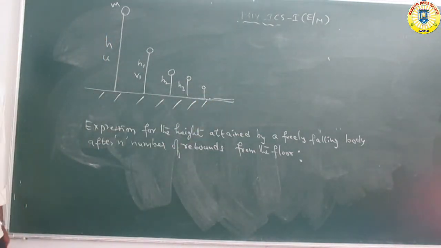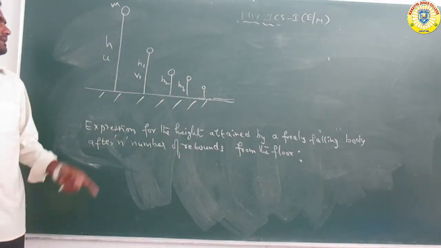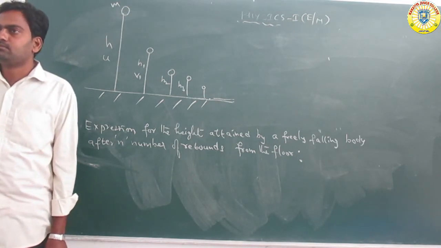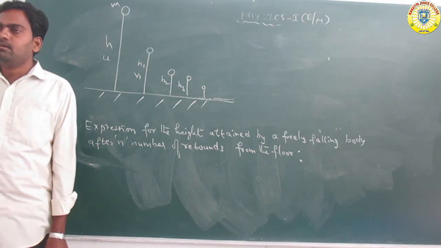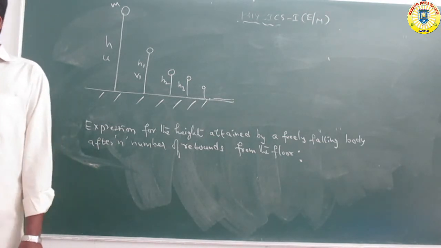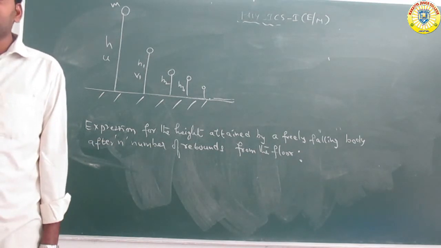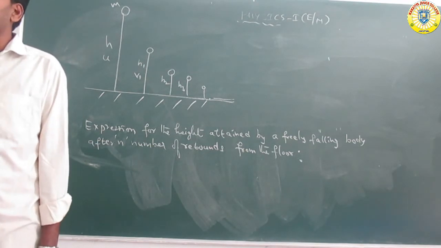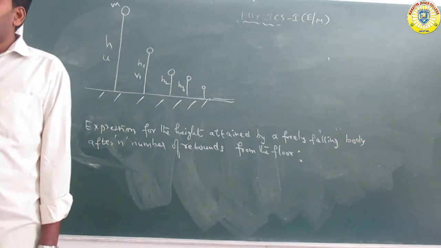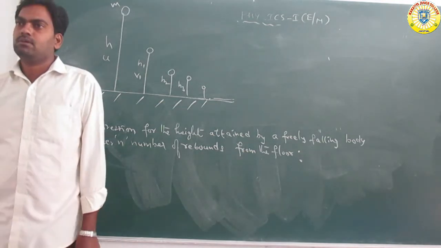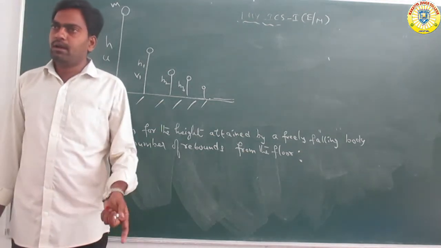So the ball is dropped from a certain height h with velocity u. Here, we assume the floor is at rest, that is, before and after the collision the floor is at rest.